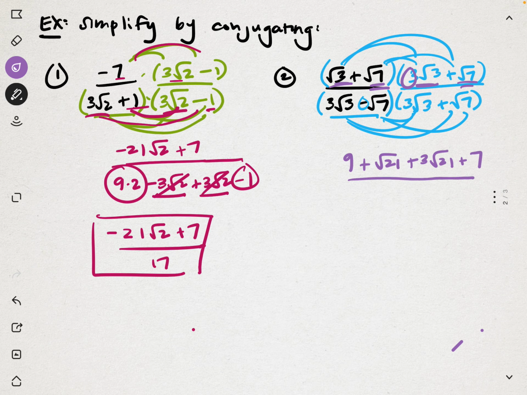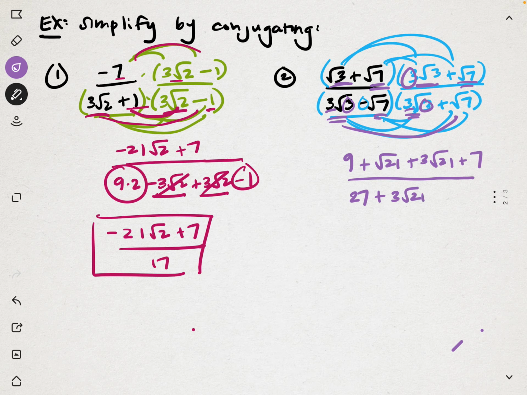Okay, on the bottom in the denominator, 3 square root 3 times 3 square root of 3. 3 times 3 is 9. Square root 3 times square root 3 is square root 9, which is 3. So 9 times 3 is 27. Then we do this one. 3 square root of 3 times square root 7 is 3 square root 21.